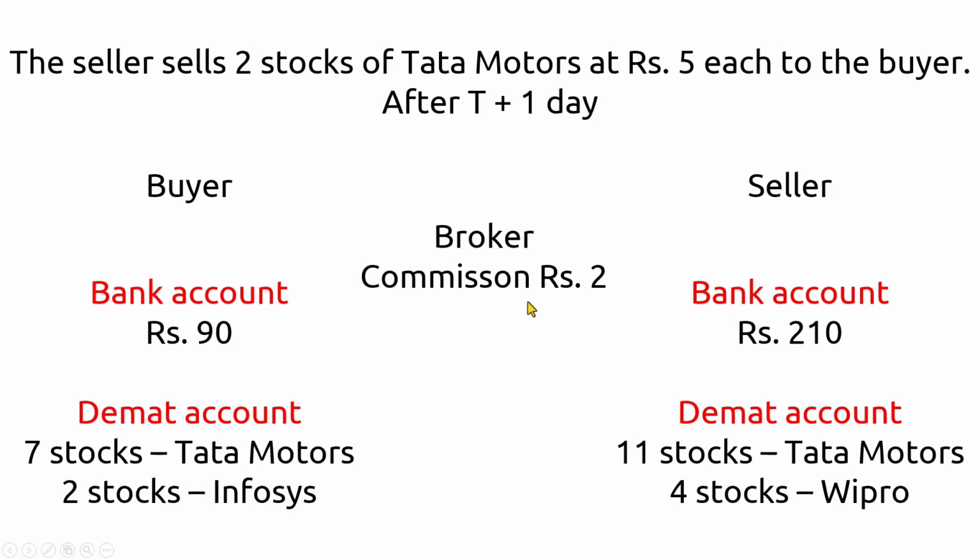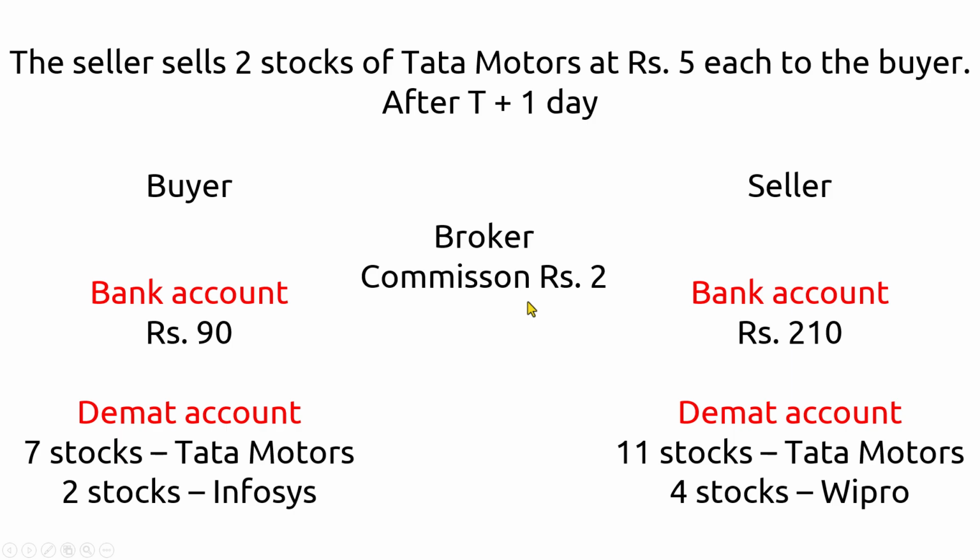Only one transaction happened, right? The seller sold 2 stocks of Tata Motors to the buyer. Even though only one transaction happened, both will have to pay commission to the broker. So 2 rupees will be taken from the buyer and 2 rupees from the seller.